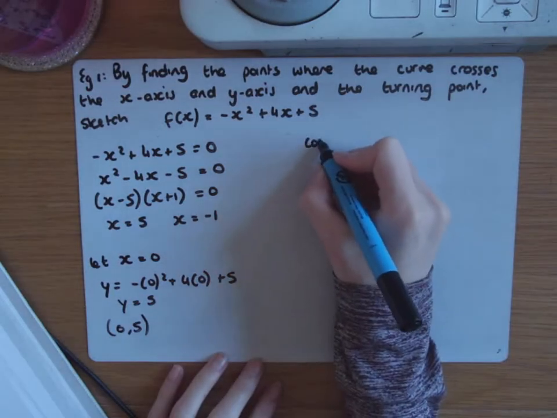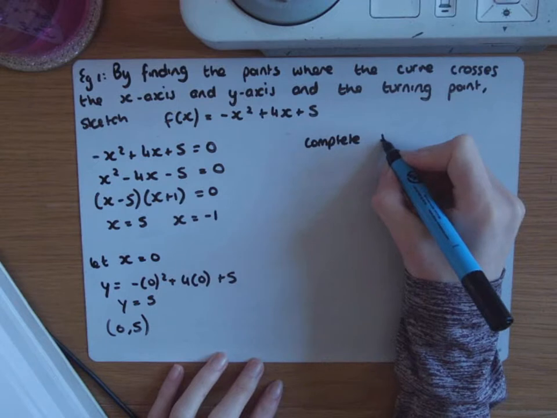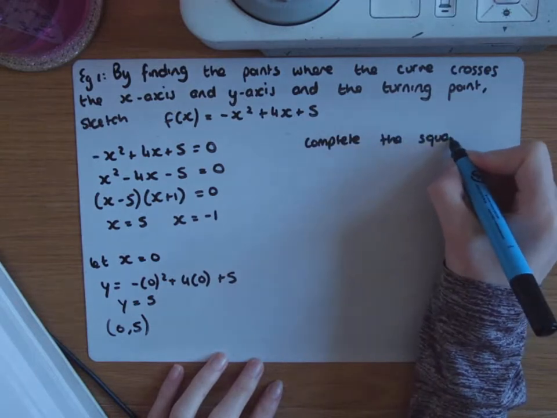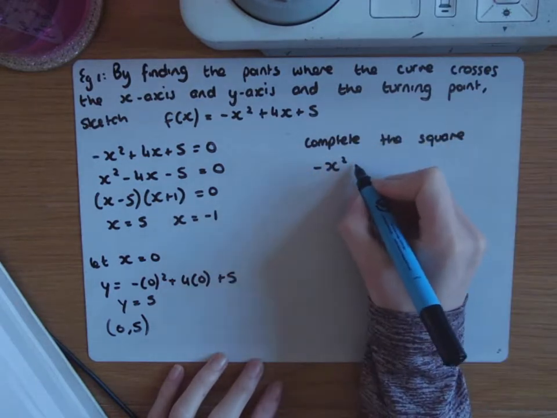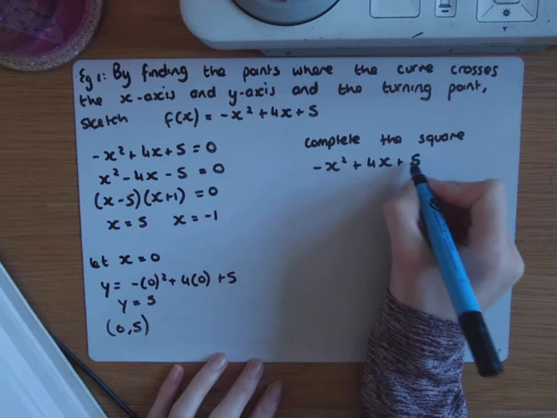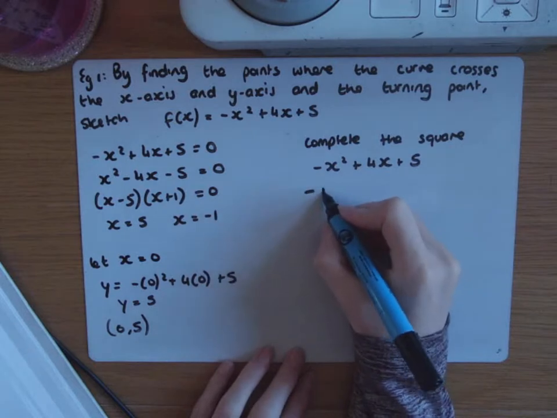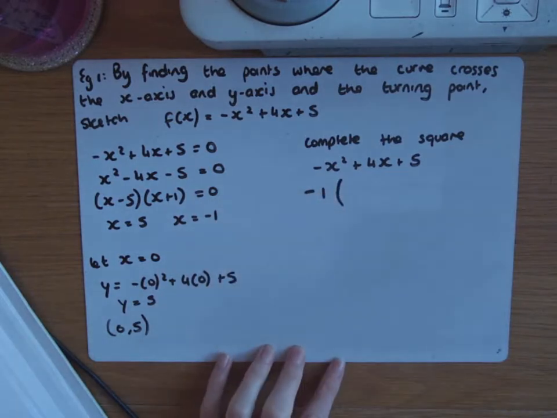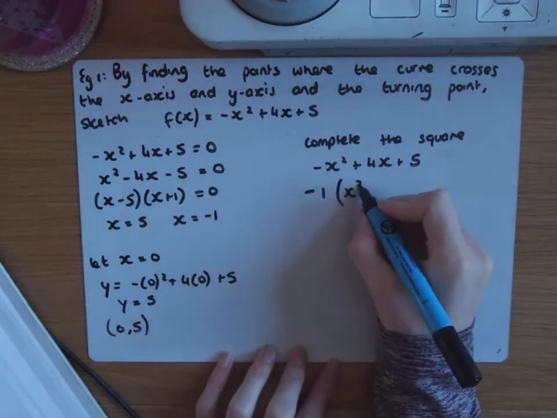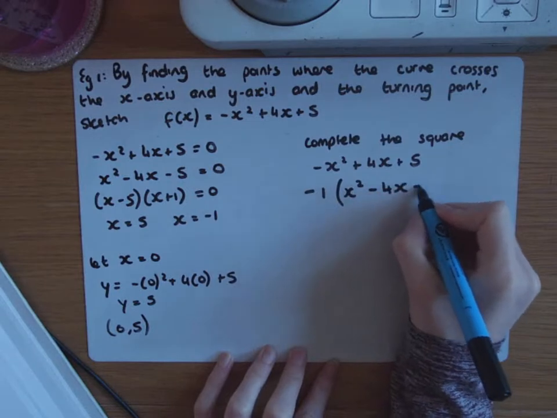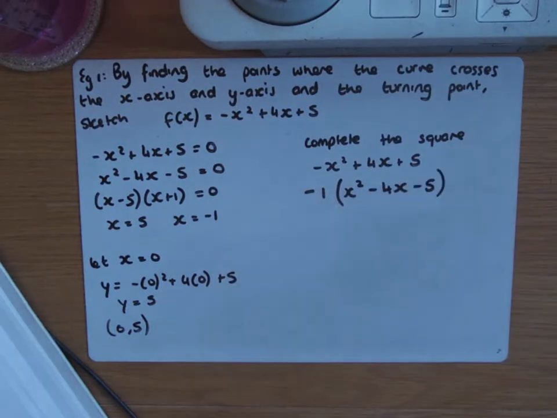Now, remember, completing the square, you have to have x squared. That means I need to pull out a minus 1 here. And what's going to happen there is that's going to change all the signs in there.